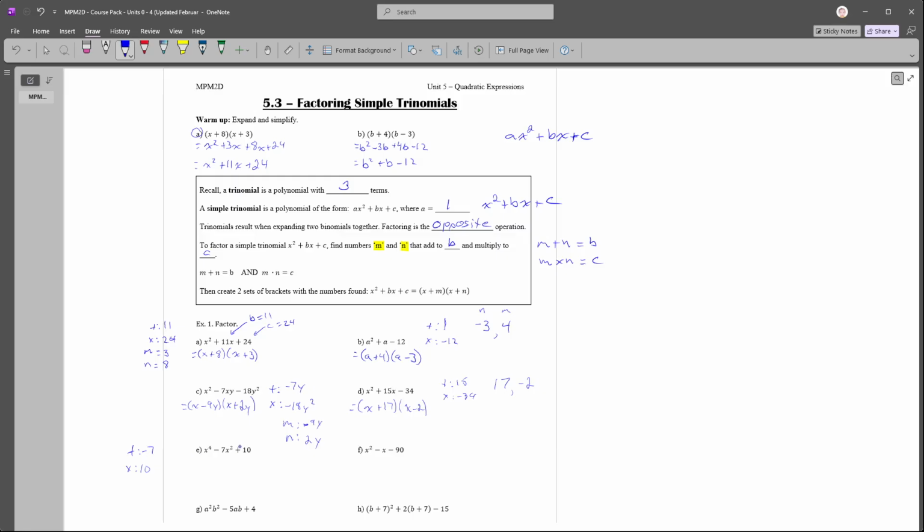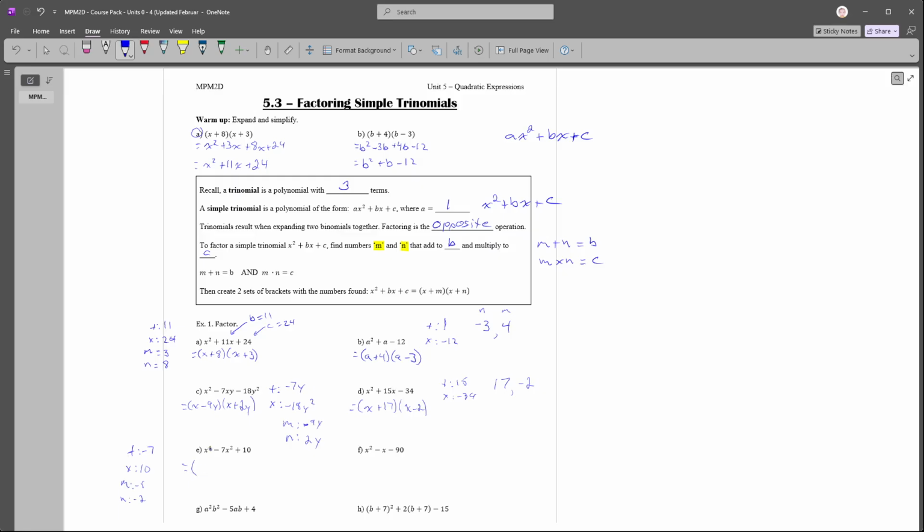Since this is a plus sign, they both need to have the same sign, so they're either both positive or both negative. Since the sum is negative, they're both going to be negative. So let's let m be negative 5 and n be negative 2. Now, what am I writing here?